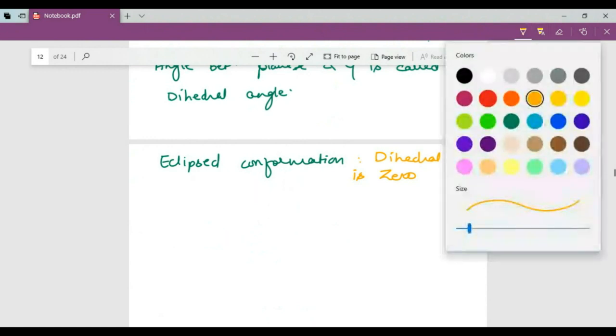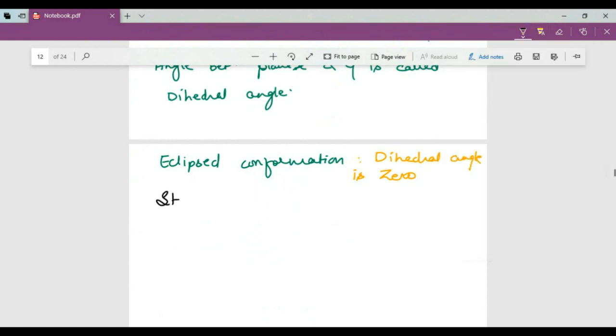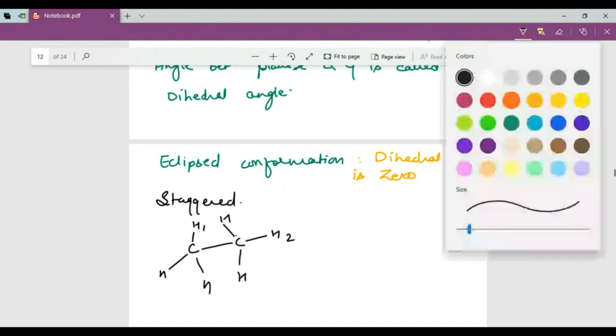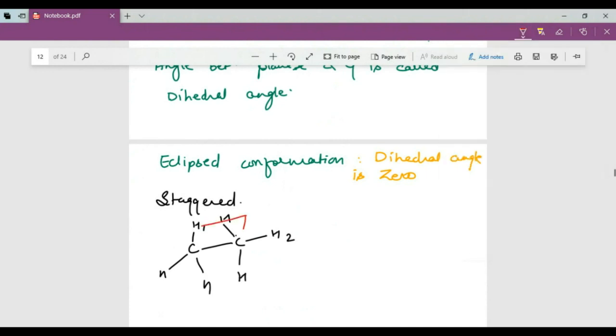But if I go to staggered, H1, C, and H2. Okay, let me draw it fast for you.